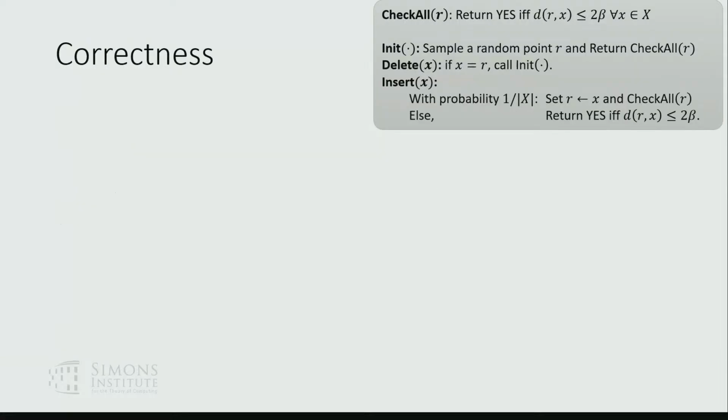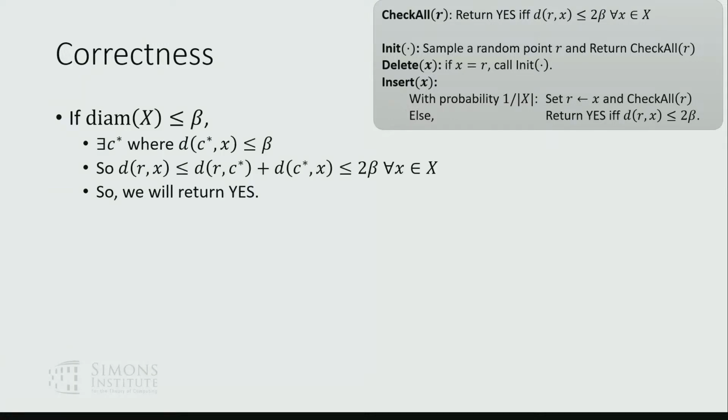Let's prove the correctness of this algorithm. If the diameter is less than beta, then there must exist some center point C star such that the distance from C star to everyone is less than beta. But then by the triangle inequality, the distance from R to X is at most the distance from R to C star plus the distance from C star to X. Summing this together, this is less than 2 beta.